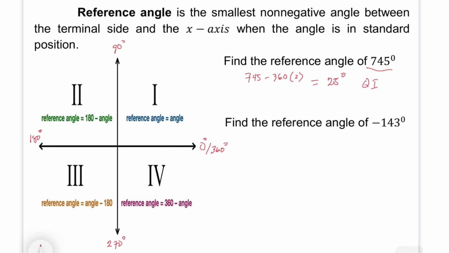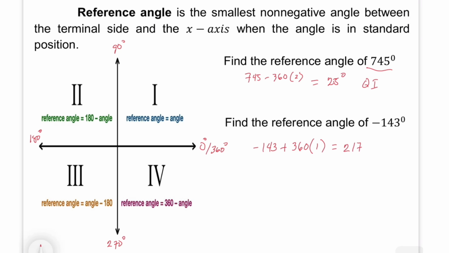Next is find the reference angle of negative 143. So, ang negative 143 is hindi pa rin siya pasok doon sa 360 degrees. So, ang gagawin naman natin ngayon dyan is mag-a-add tayo. So, negative 143 plus 360 tapos isang revolution lang. Kasi kung dalawang revolution siya, sobra-sobra naman. So, magkakaroon tayo negative 143 plus 360 times 1 is equal to 217.